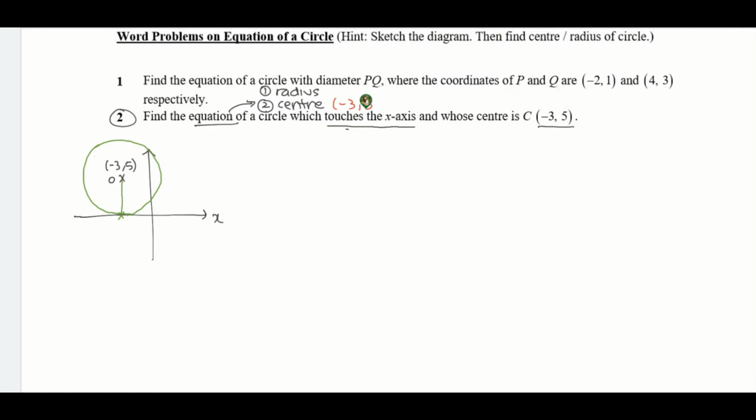How to find radius? Diagram states. You can see radius is 5 units. Radius is 5, because it's just the distance of the y. And then my center is negative 3, 5. Done now? Now your turn. Tell me what is the equation.